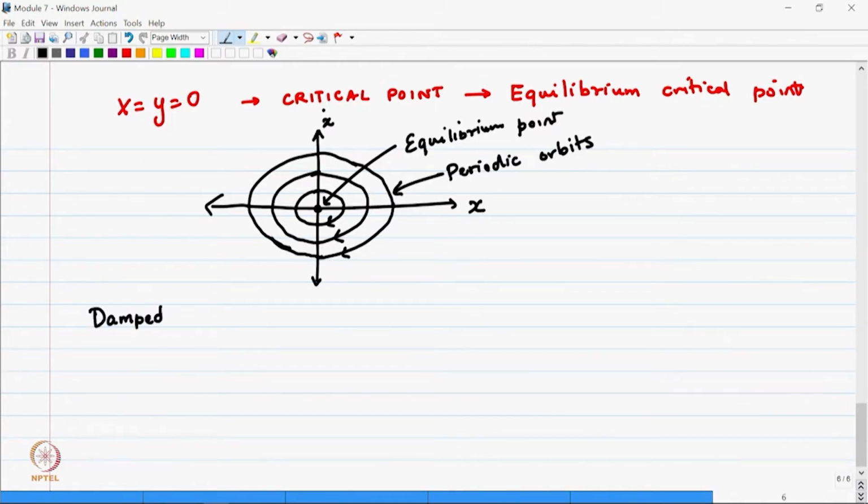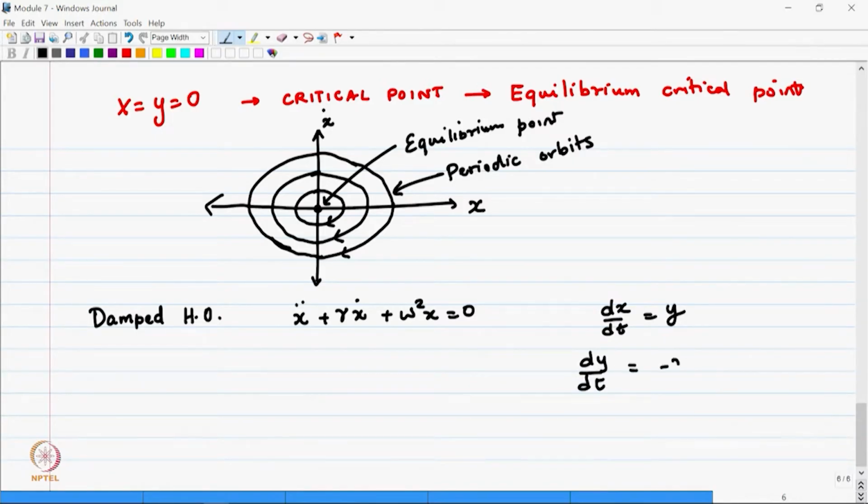harmonic oscillator. In this case you have x double dot plus gamma x dot plus omega square x equal to 0. Gamma is the damping constant, and now if you do exactly the same method, what you will get is dx by dt equal to y and dy by dt equal to minus gamma times y minus omega square times x.